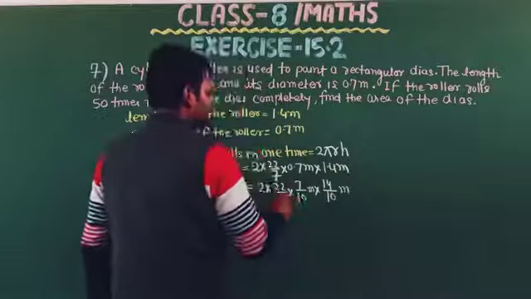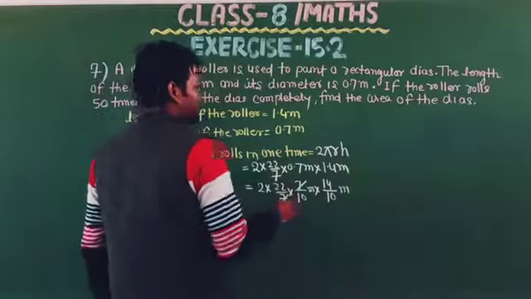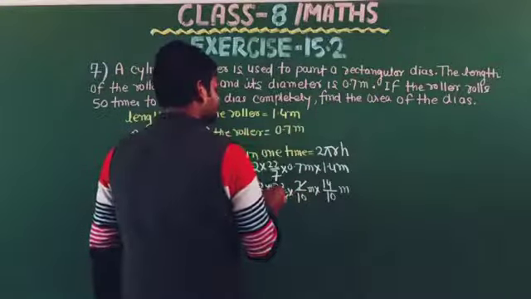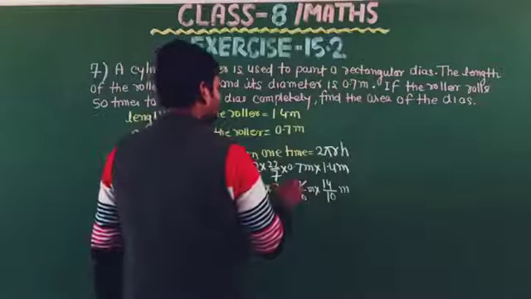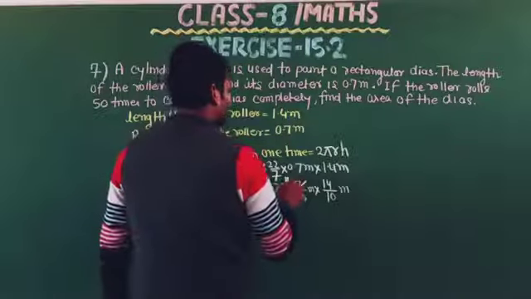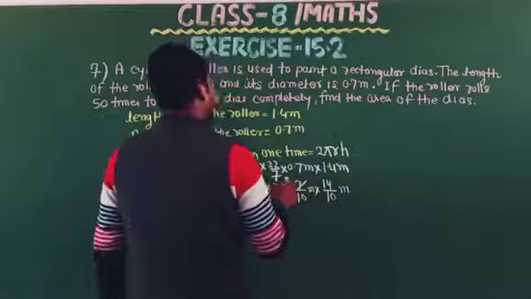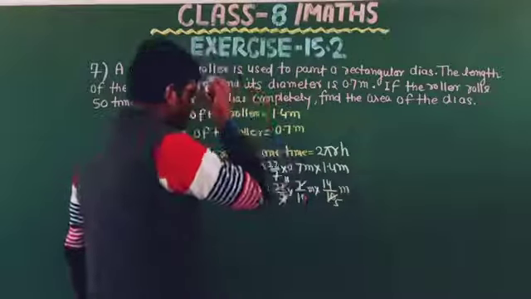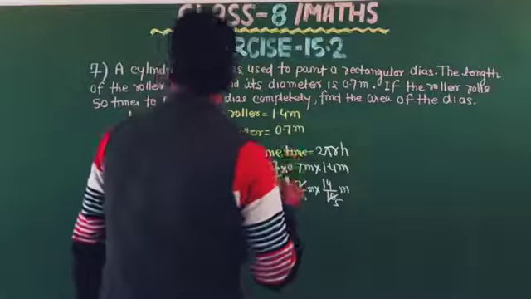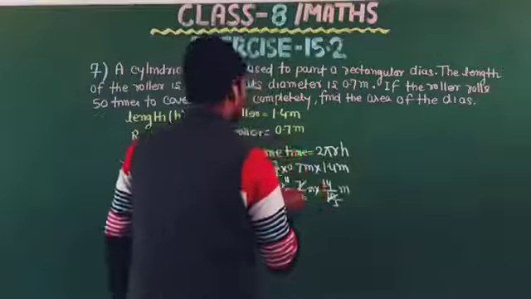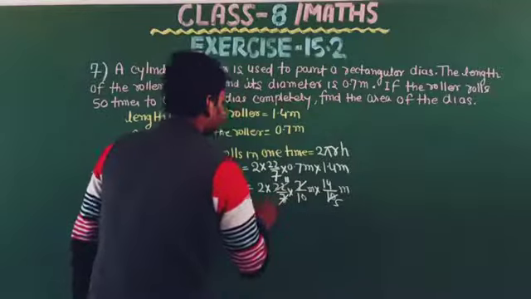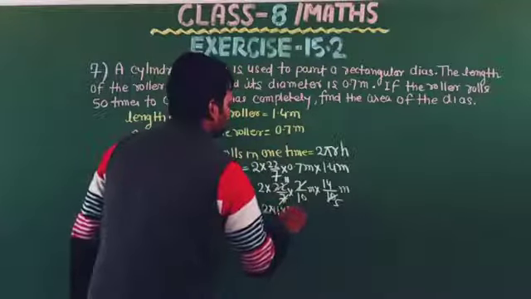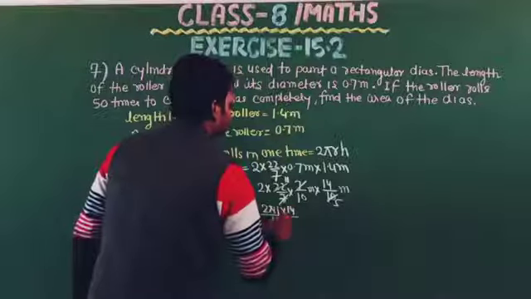So we can cancel 7 from numerator and denominator, and now multiply 2 into 11 into 14 by 10 into 5.